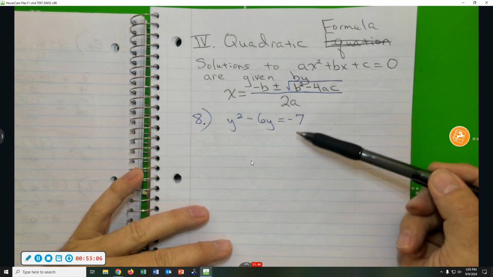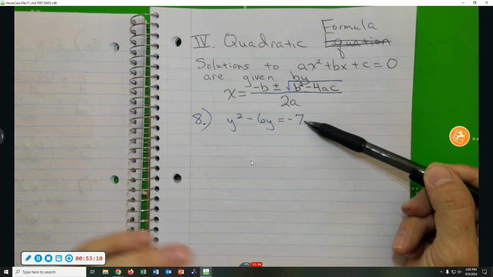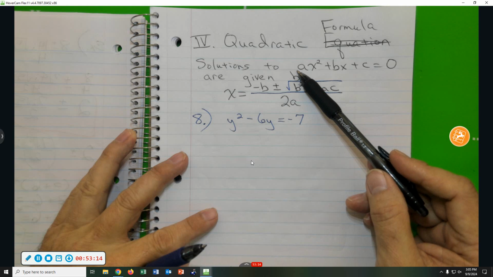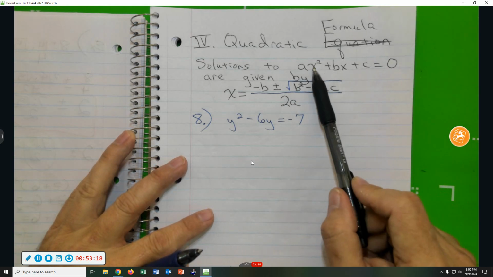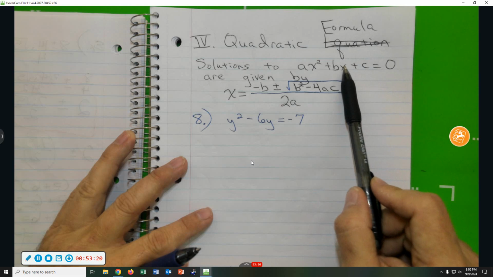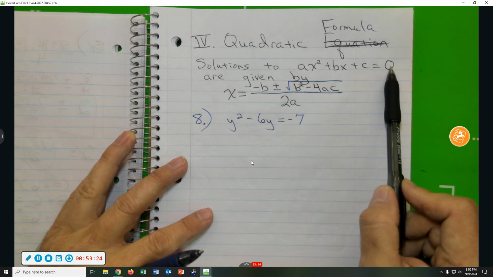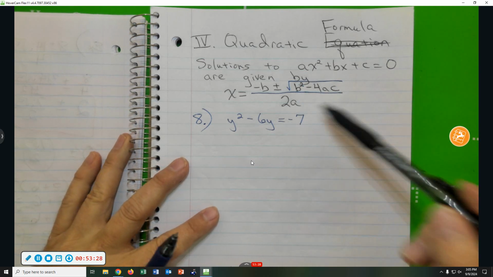If you're going to solve an equation using the quadratic formula, just like with factoring, you need the trinomial in standard form: squared term, unsquared variable, constant on one side, and a 0 on the other side. Now here's an added restriction.